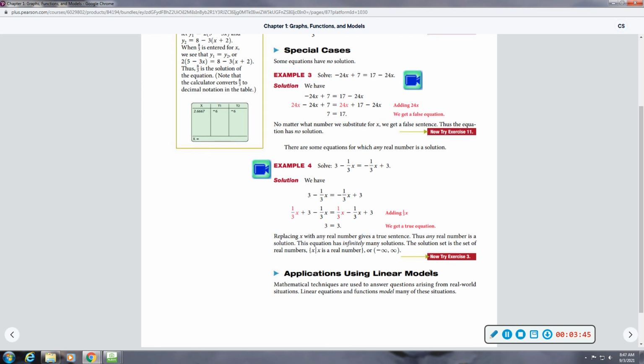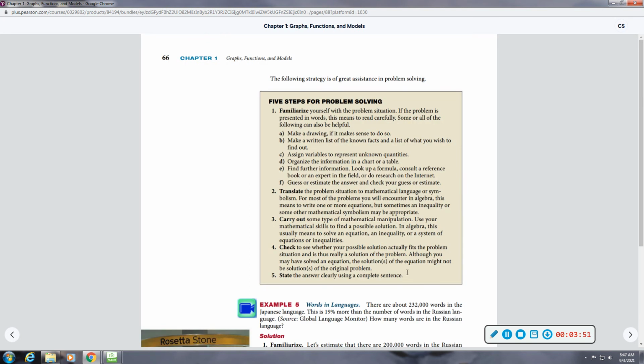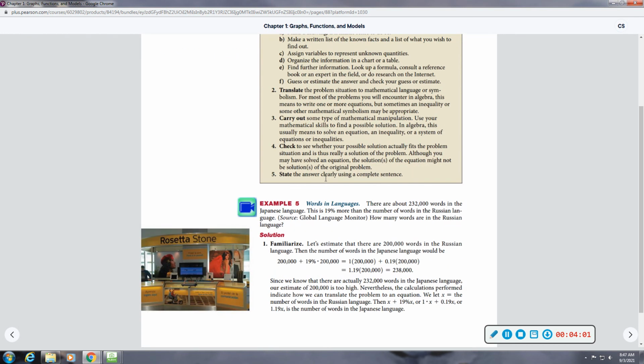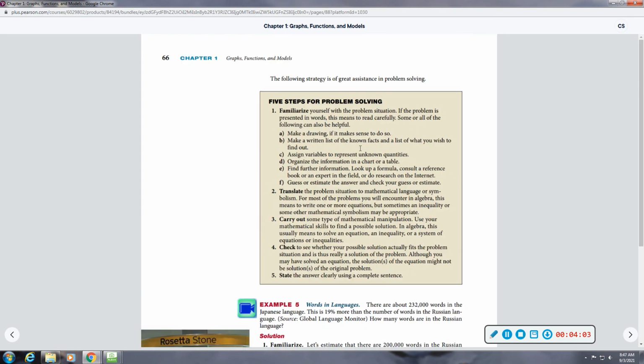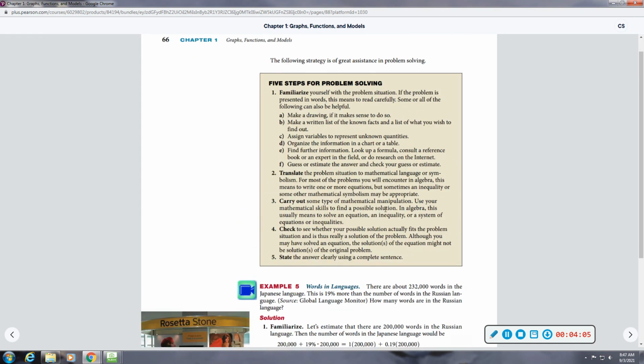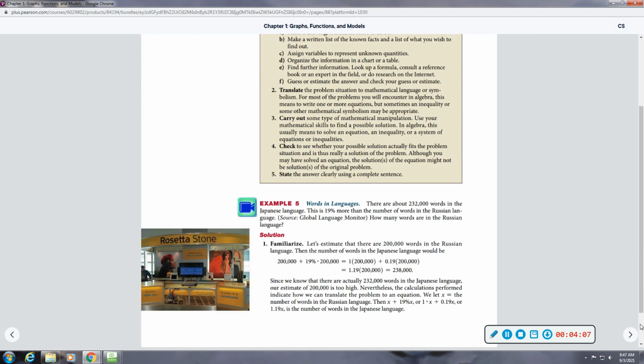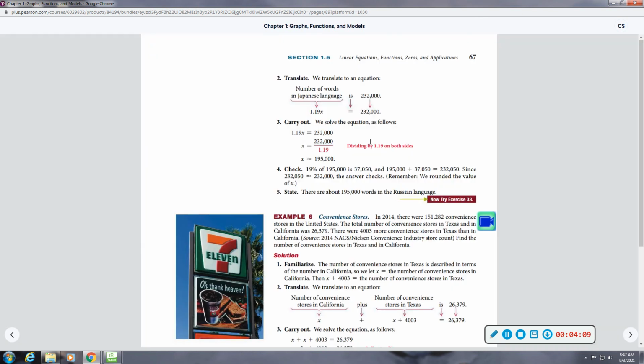Now, there's a lot more information in the chapter. It will be good to review it and know it for future sections. Some of these will pop up. However, there aren't any problems on the homework covering this. So this is just going over how to do applications, word problems, basically applying what you've just learned. So there's several pages.